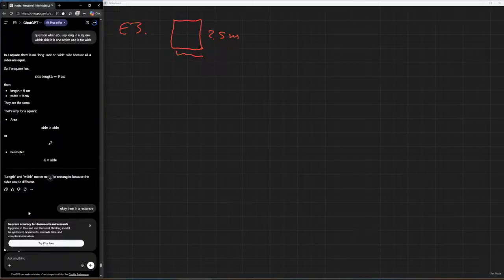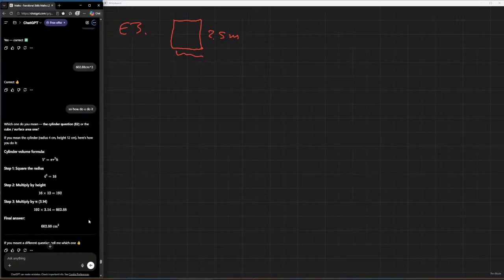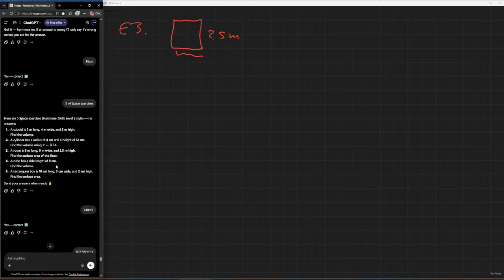Anyway, the question asks for the floor. So 8 meters long.